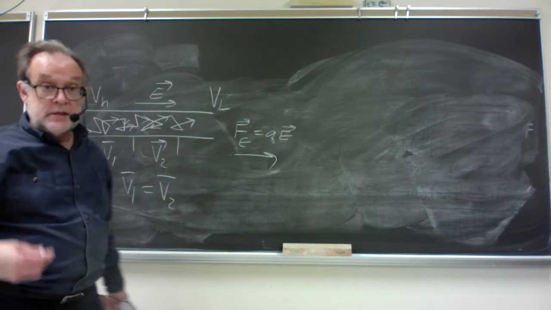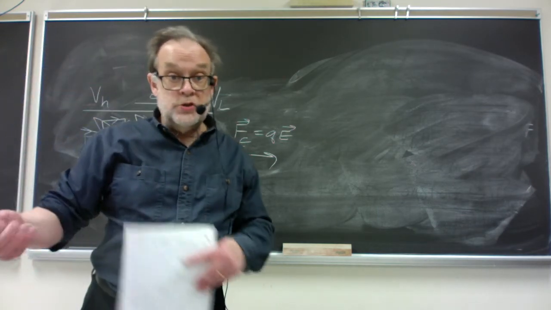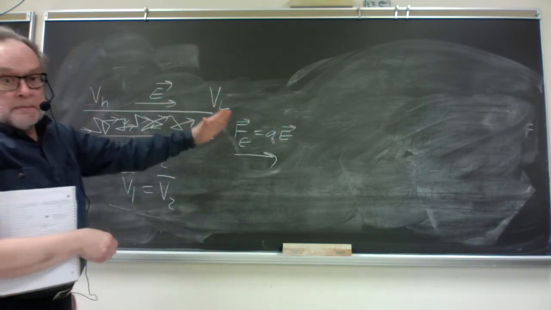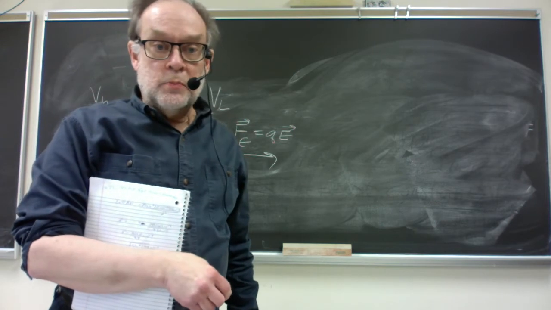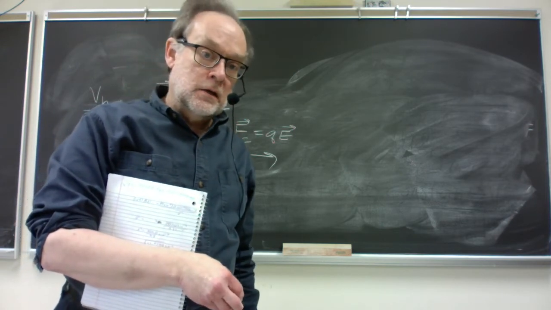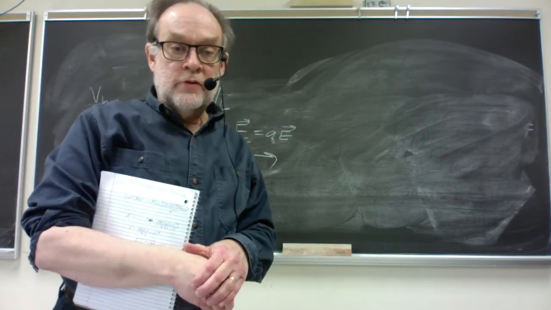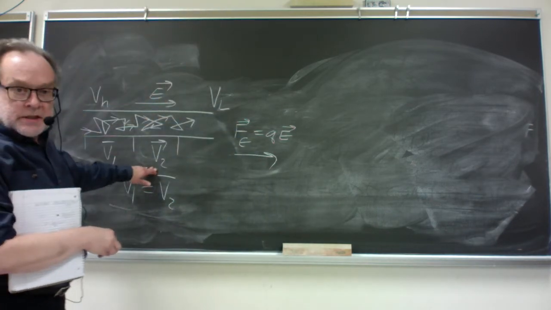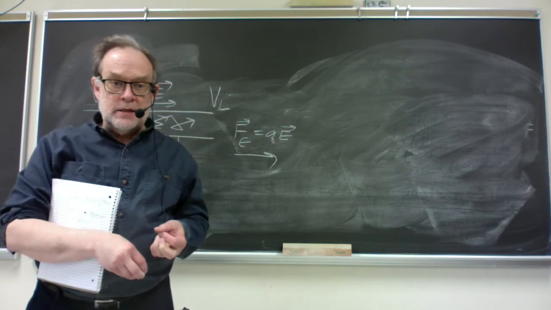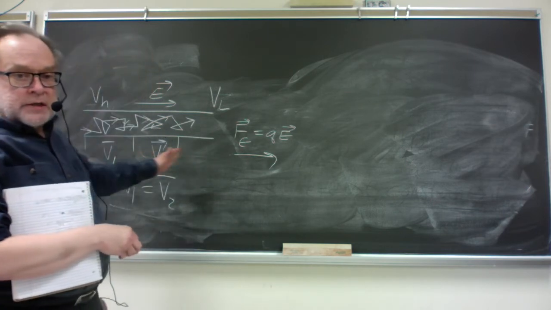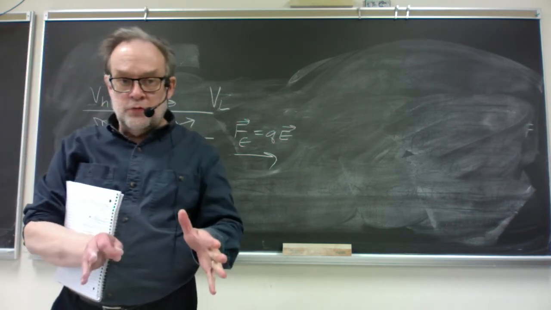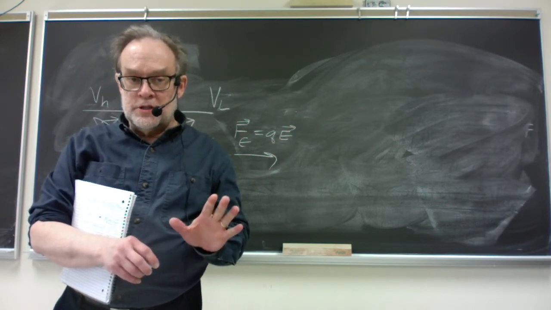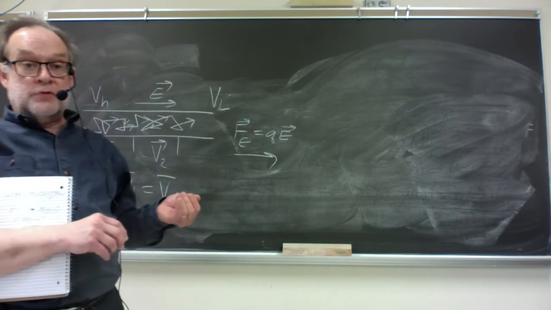Well, it turns out that those average velocities are the same, which is just what you would expect, since we've already seen that current is the same at every point in the current's path. This constant average velocity that you get once the net force on the charged particles has gone to zero, we call a drift velocity.